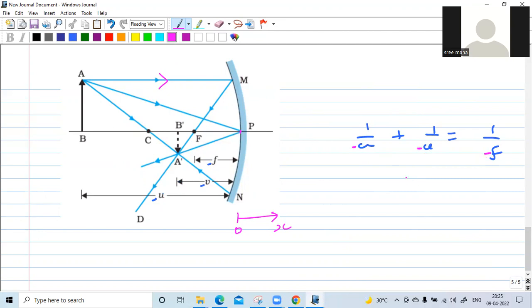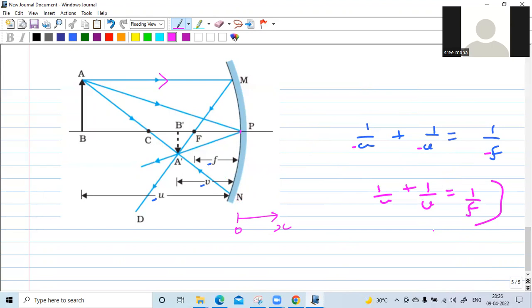Now I can cancel this negative sign. So the formula is 1 by U plus 1 by V equals 1 by F. And the sign I will fix by knowing that everything is negative, so to make it positive, I have to make the distance positive. So I put a minus sign here, and now I can cancel this minus sign.